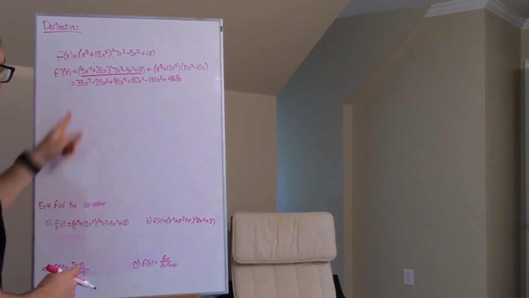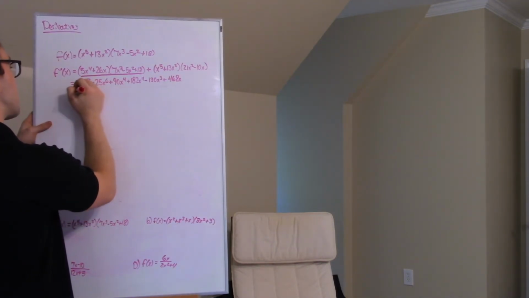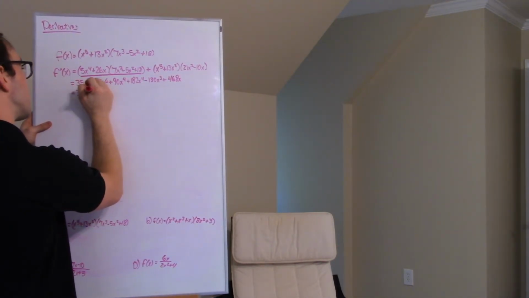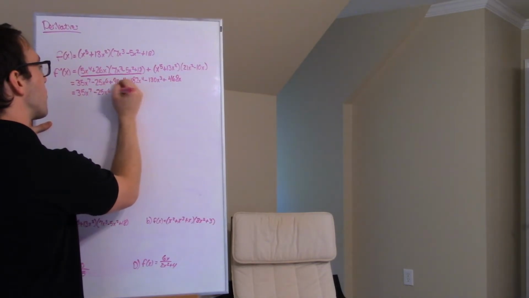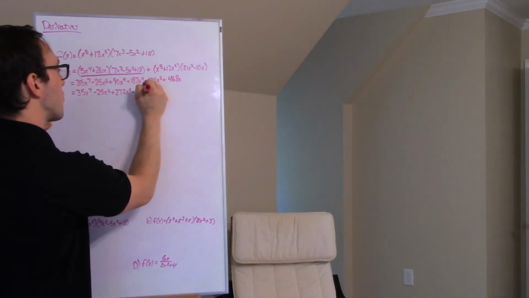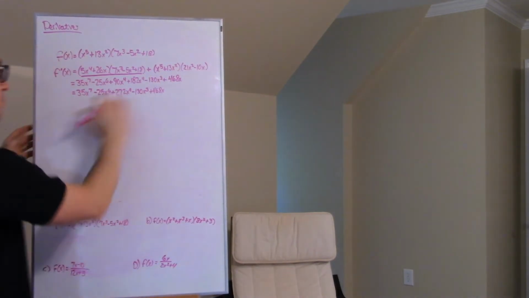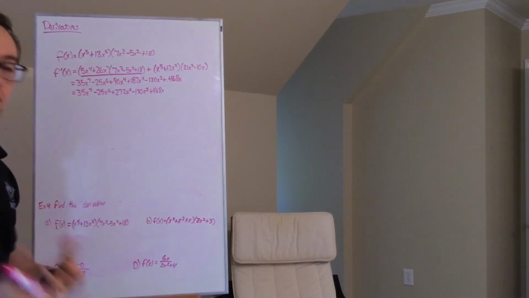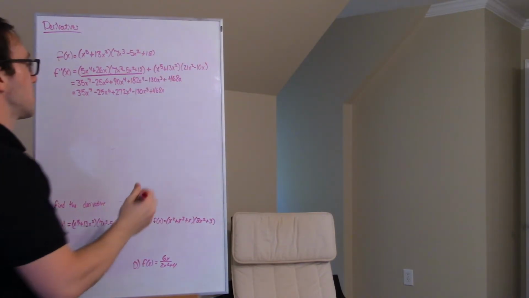So just for that first distribution, this is what you're getting. And this is what it is simplified. Then you're going to do the second by foiling.